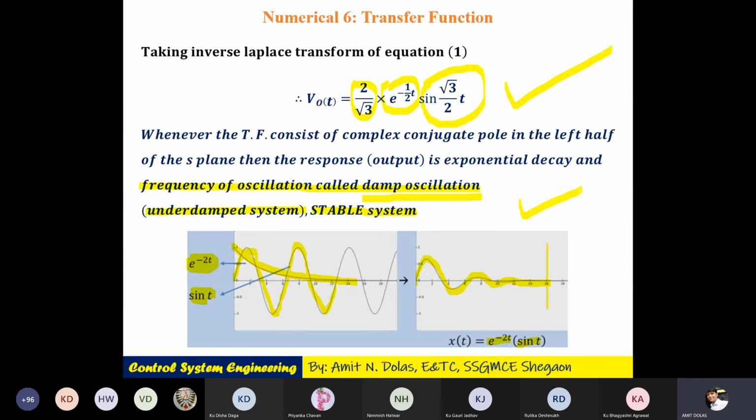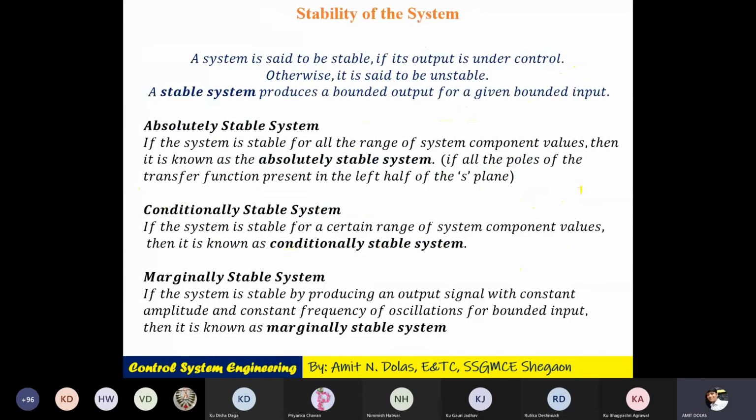So we'll just comment on the system stability and then we'll end the lecture. Whatever I talked about here, a system is said to be stable if the output is under control, that is bounded. Otherwise it is said to be unstable. A stable system produces a bounded output for a given bounded input. It is called a BIBO system: bounded input, bounded output. So there are three types.